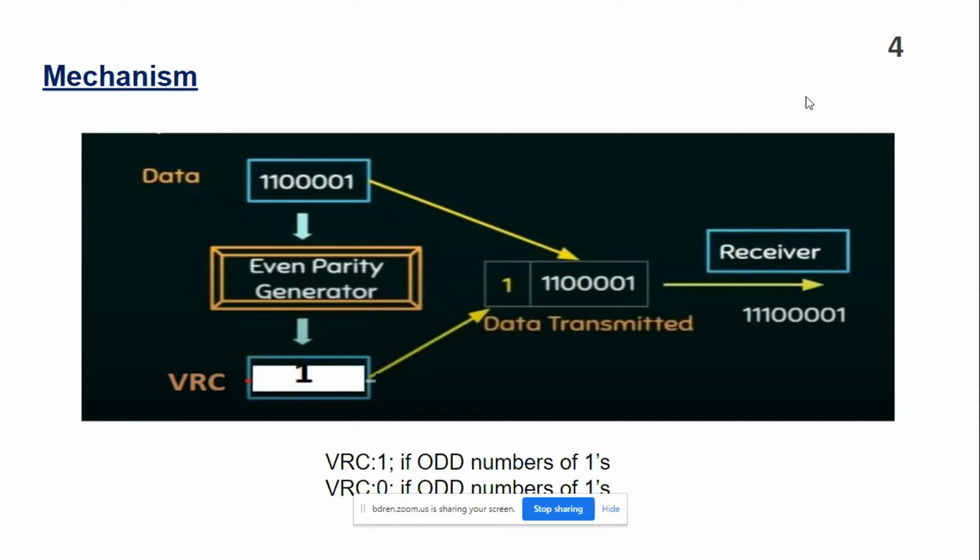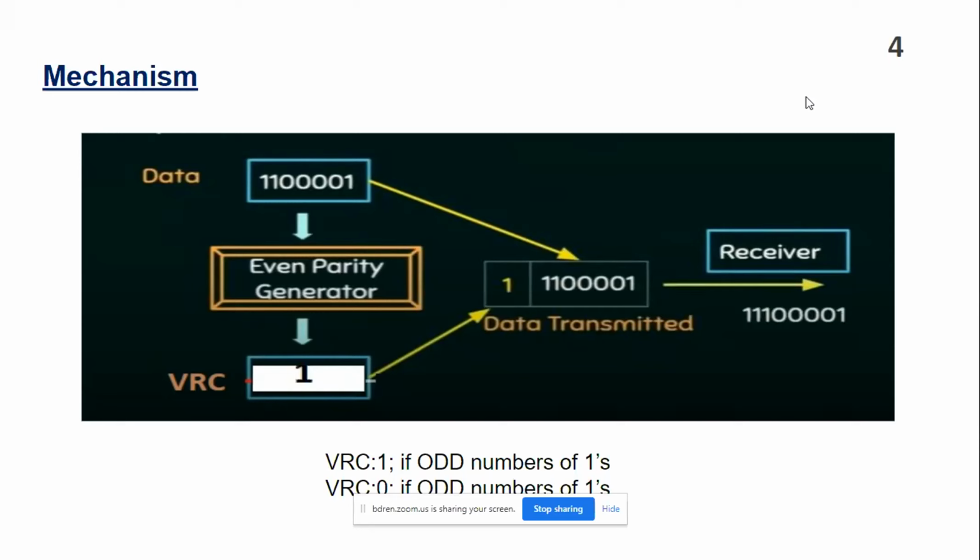It checks for the number of ones that are in there. We can see here there are 3 ones, which is an odd number of ones. So it creates a VRC, that's a redundant bit, called the VRC bit, as 1 here, because this indicates an odd number of ones in the data.